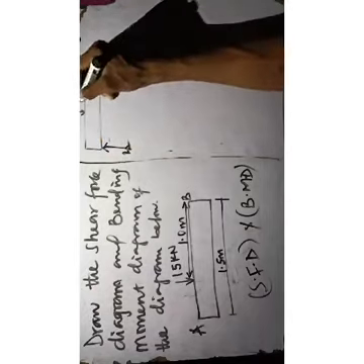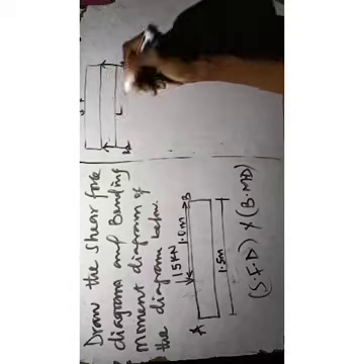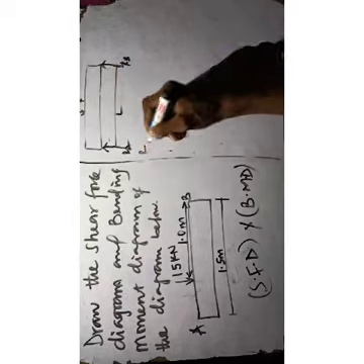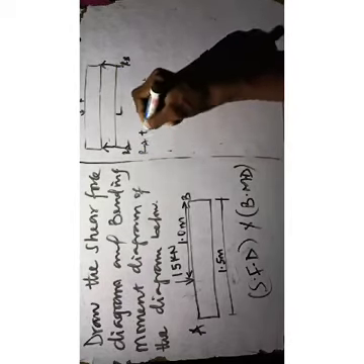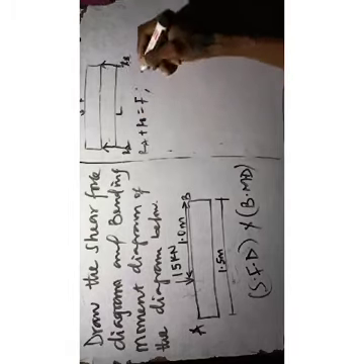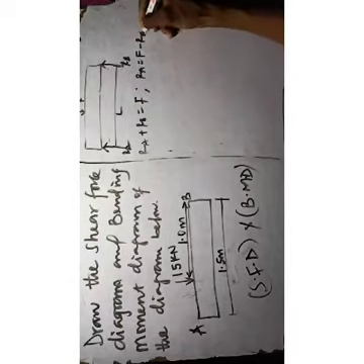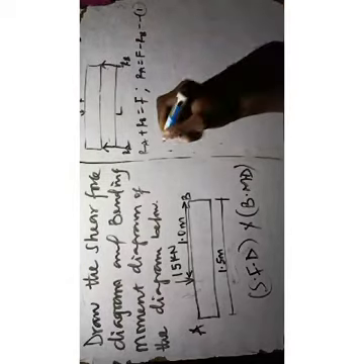You have here F, and this length as L. So we've gotten RA plus RB equals F, and from there we can make RA equals F minus RB, equation 1.